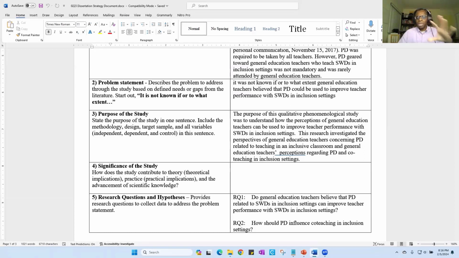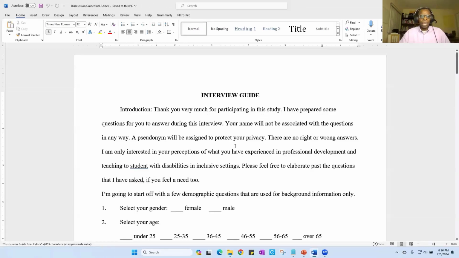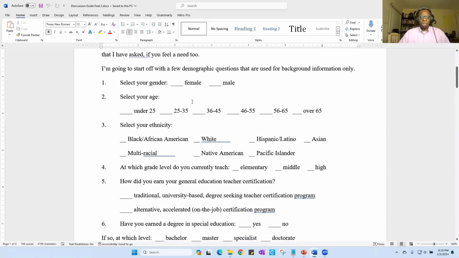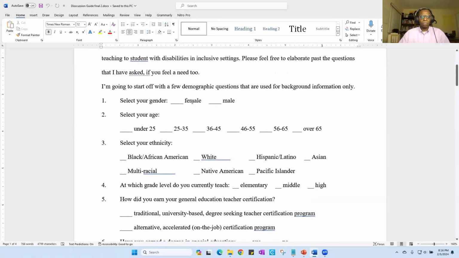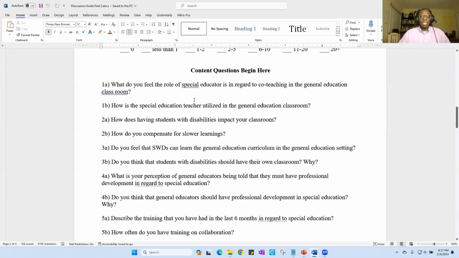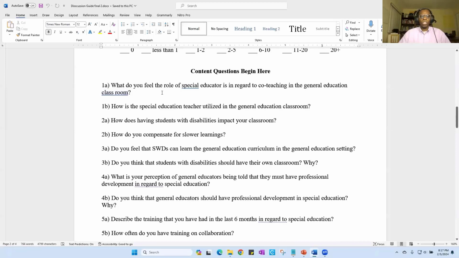So now that we have a basic understanding of the study, let's look at the discussion guide. The discussion guide consisted of some very basic demographic questions, and it included some questions around what do you feel?